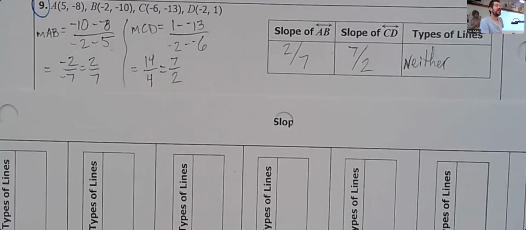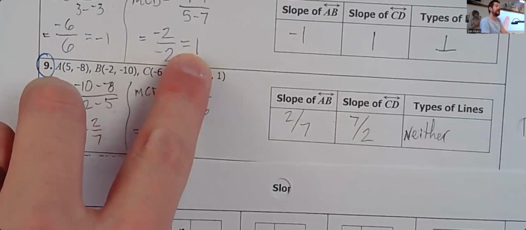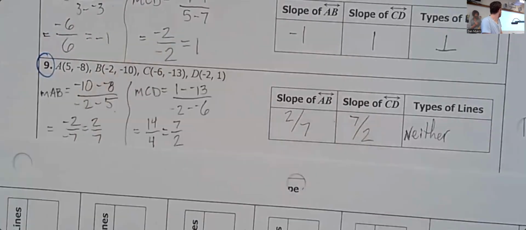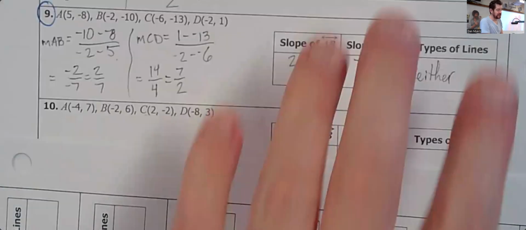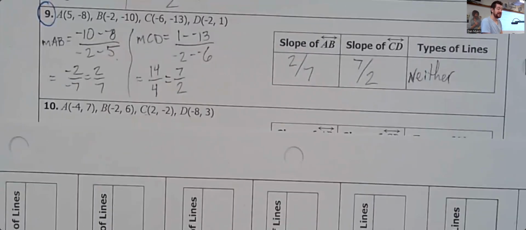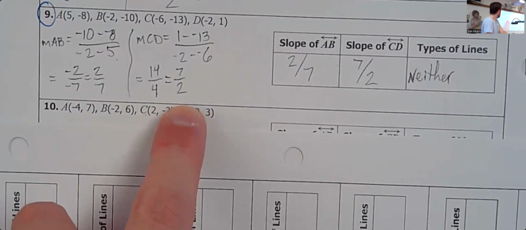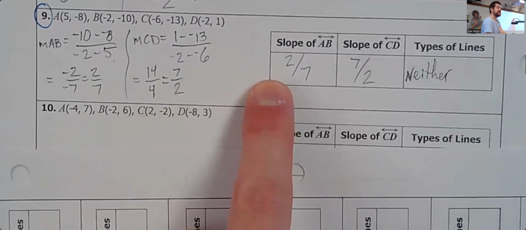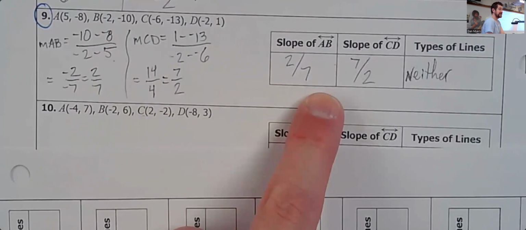We're number 8. Yeah, -2/-2, +1. So -2/-7 would be +2/7. 14/4 is 7/2. These are reciprocals, but they are not opposites.